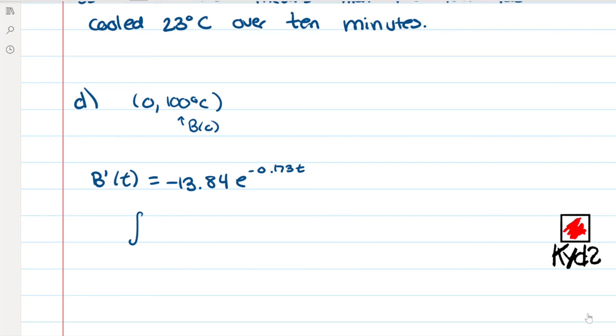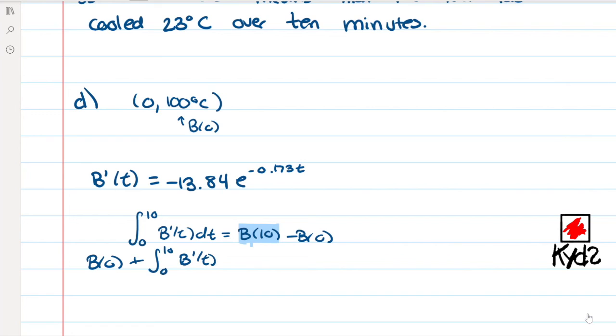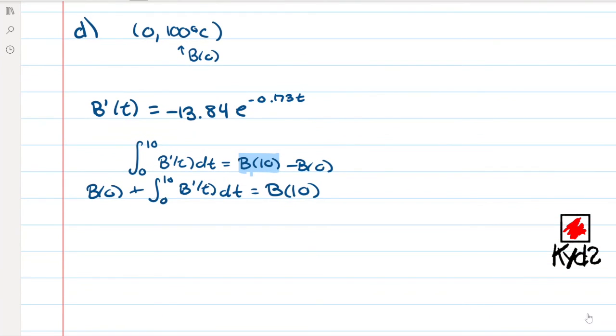So I integrate 0 to 10 of B prime of t dt. And this is going to give me B of 10 minus B of 0. My goal is to get B of 10, so I need to add over the B of 0. B of 0 plus the integral from 0 to 10 of B prime of t dt is going to give me the biscuits' temperature at time 10. So B of 0 we know is 100 plus the integral from 0 to 10 of B prime of t dt.